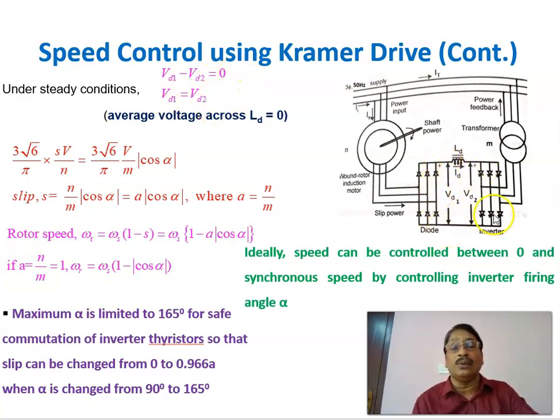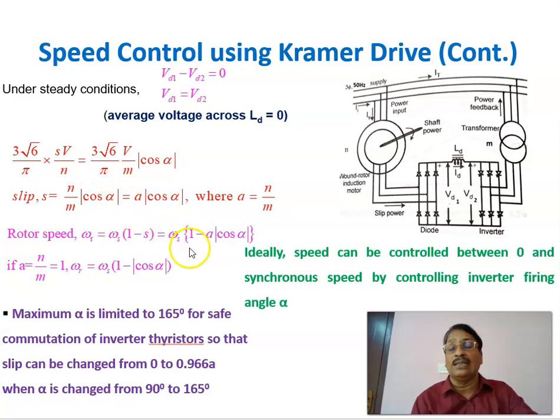This voltage is equal to VD2, and substituting that voltage, that is 3 root 6 divided by pi into SV divided by N, that should be equal to 3 root 6 divided by pi into V divided by M into modulus of cos alpha. And then from this equation you can get the slip S equal to N by M into modulus of cos alpha, or N by M is defined as some constant A, so S equals A into modulus of cos alpha, where A equal to N by M. And the rotor speed, as you know, omega r equal to omega s into 1 minus s.